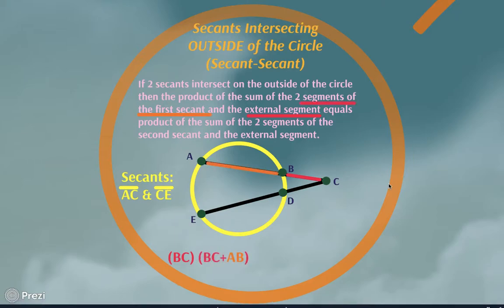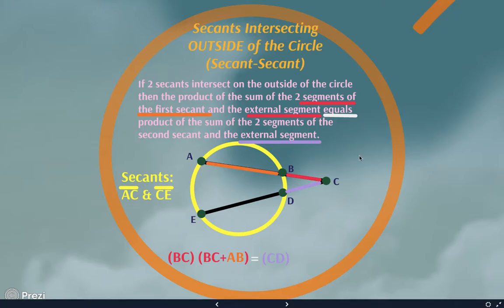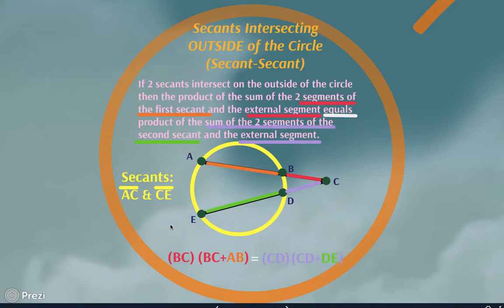That will equal the external segment of the other secant, the part on the outside of the circle, which is DC, times the length of the entire secant, CE. Its two segments are CD and DE, so we add those together.